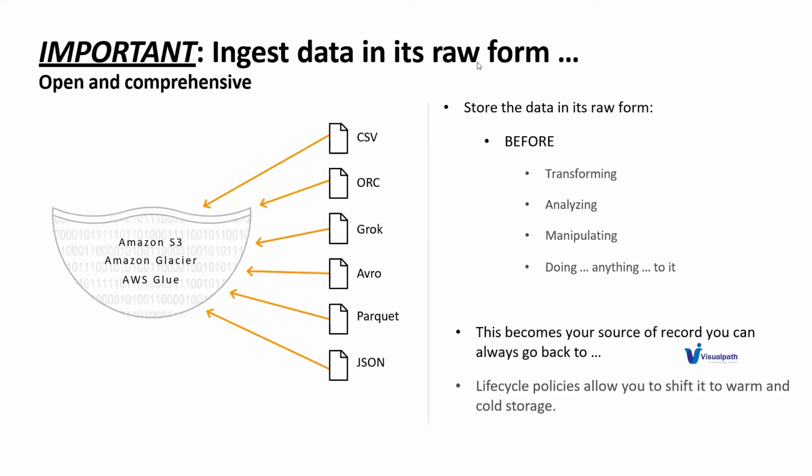You need to load all this data into it. What data are you bringing here? You are bringing CSV files, ORC files, Avro files, Parquet files, and JSON files. Everything is being brought into this paradigm. And then store the data in its raw form. I'm not doing any transformations on this data. I'm simply storing that data here.